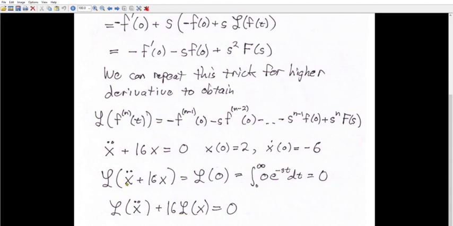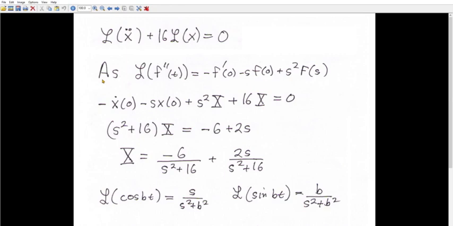The Laplace transform of x double dot plus 16x equals the Laplace transform of 0, and the Laplace transform of 0 is just the integral from 0 to infinity of 0 times e to the minus st dt, and that's just 0. So by linearity, we've got the Laplace transform of x double dot plus 16 times the Laplace transform of x equals 0.